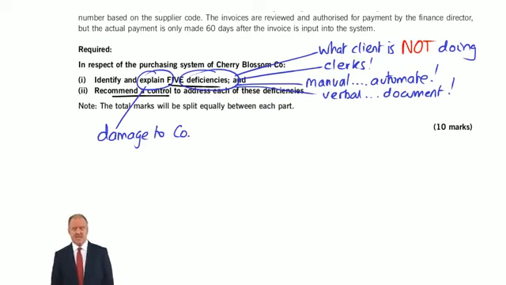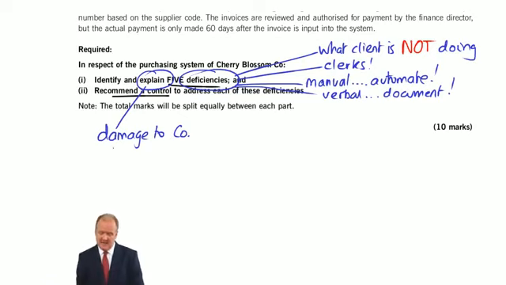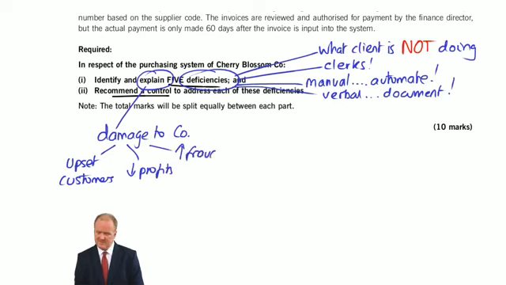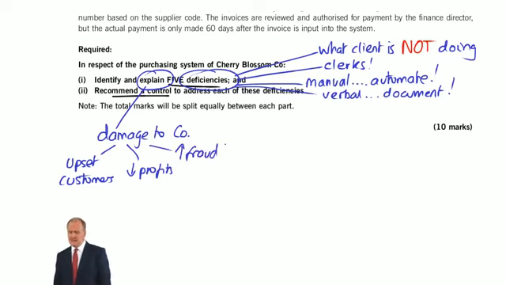So what she's testing here is, do you understand control objectives? Damage to the company could be things like upset customers, falling profits, increasing the chance for fraud, and things like that.